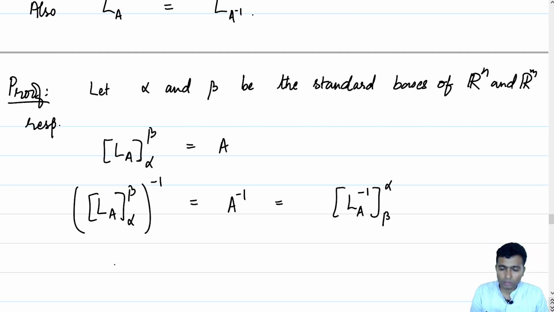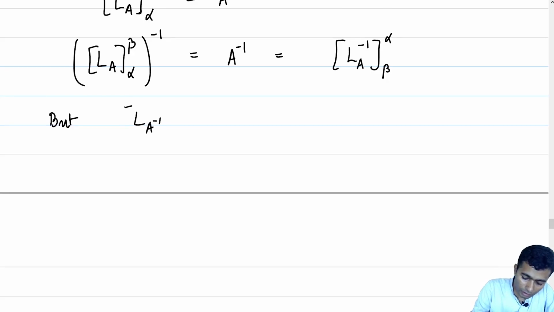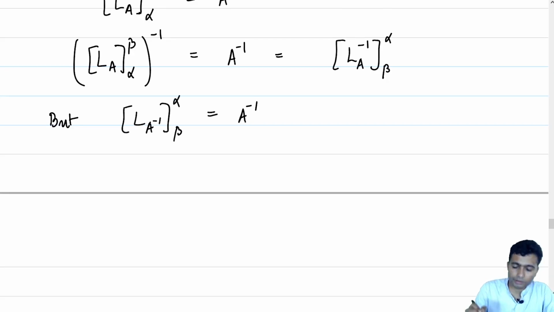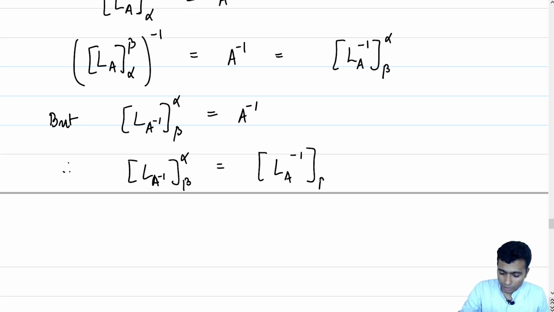But we also know that A inverse is the matrix of the linear transformation corresponding to A inverse, so L A inverse with respect to beta alpha is nothing but A inverse, and therefore it is equal to the matrix of the inverse of the linear transformation LA with respect to beta alpha.